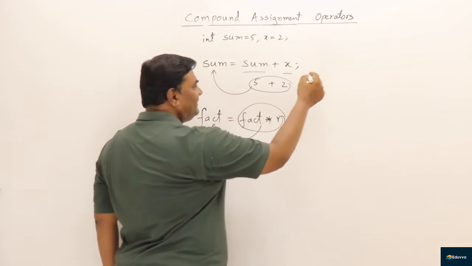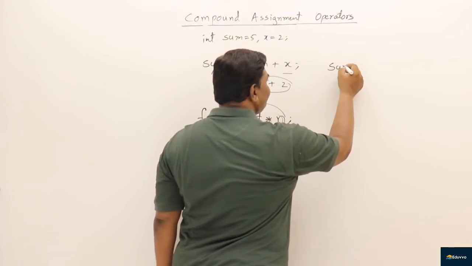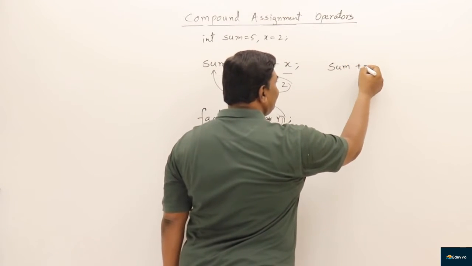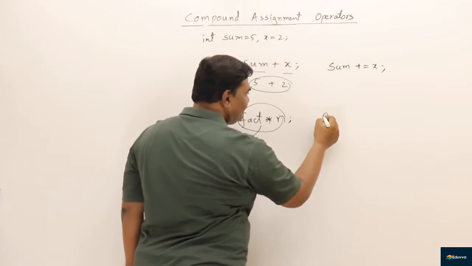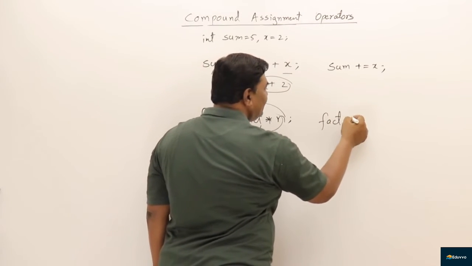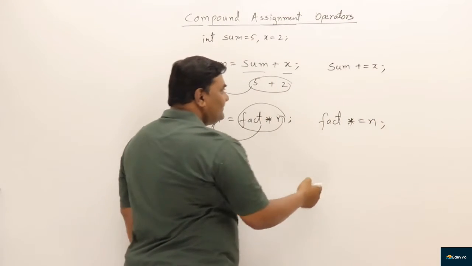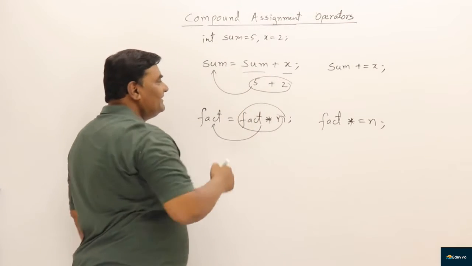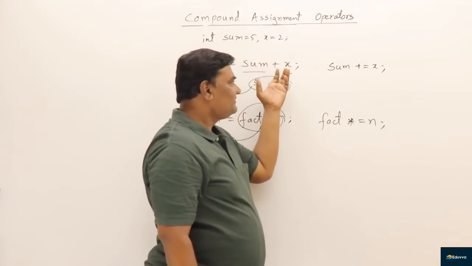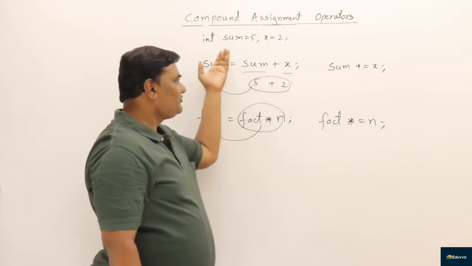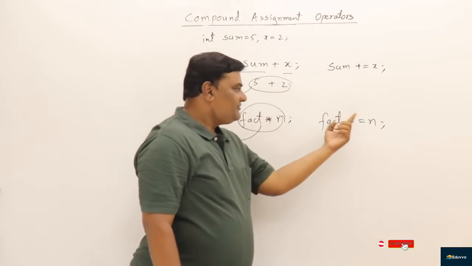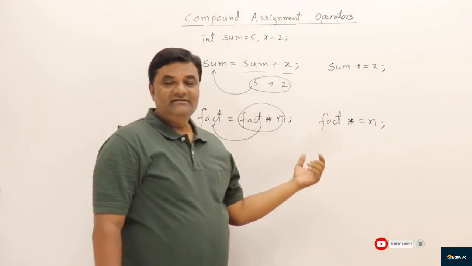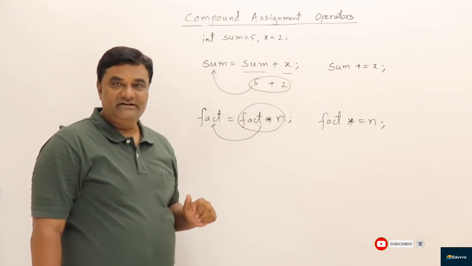Instead of writing the statement like this, in C++ we can use this operator, sum plus assign x, or factorial multiply assign n. This gives the same meaning. It means x should be added to the value of sum and the result stored in sum, and n should be multiplied with the value of fact, and that result stored in fact only.